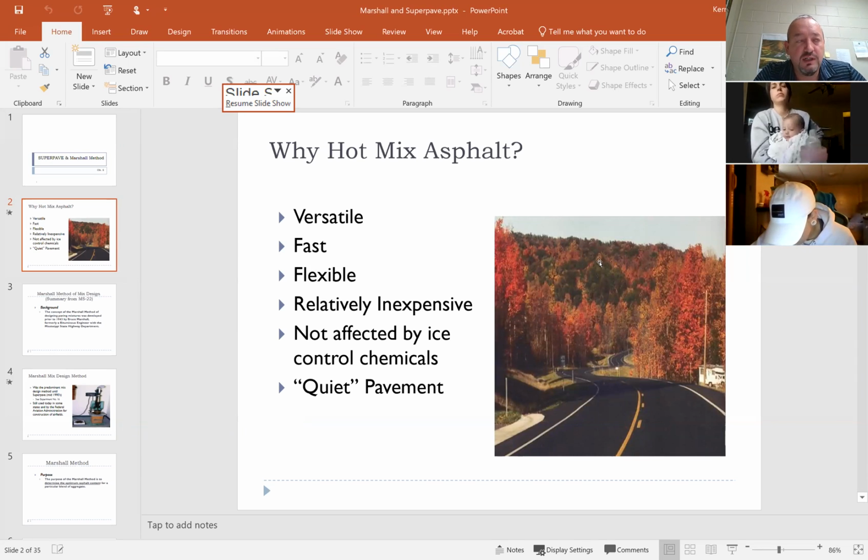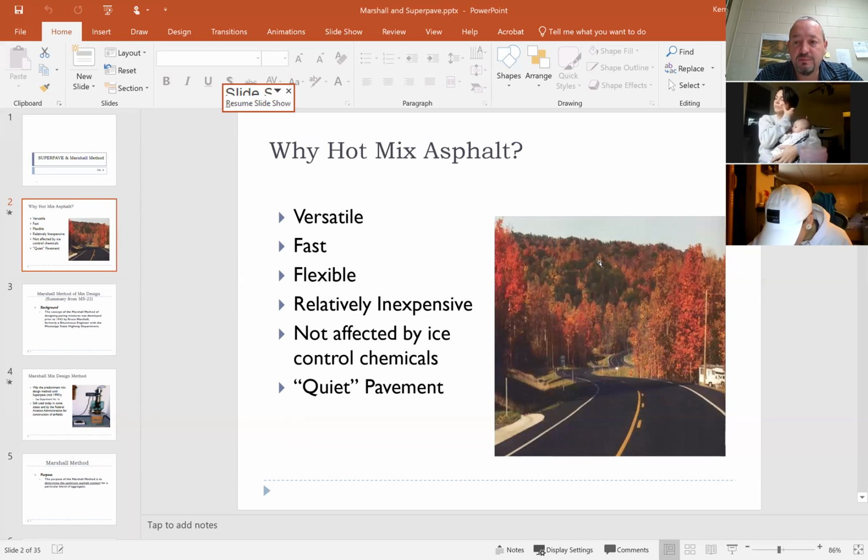Of course, we know concrete is very laborious, takes time to set up, and takes time to gain strength. Whereas asphalt, generally speaking, we place it, we compact it, and then we're ready to drive on it. We talked about the flexibility of it. It's relatively inexpensive compared to a rigid pavement.